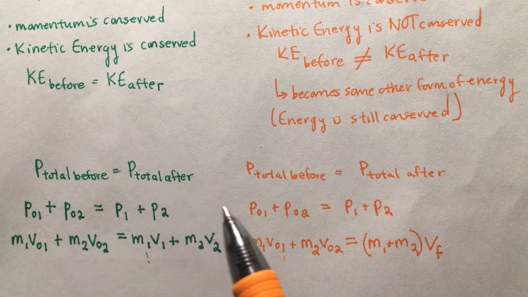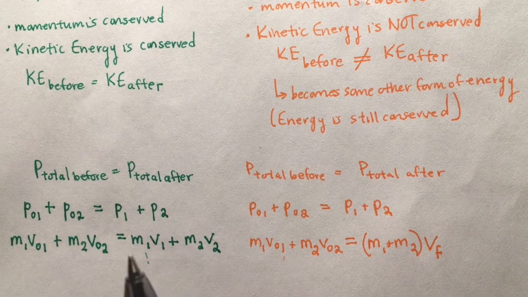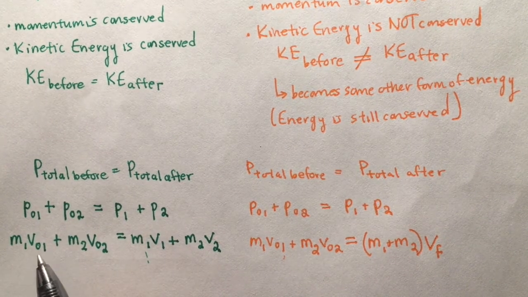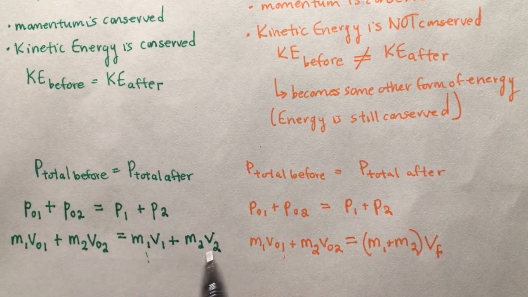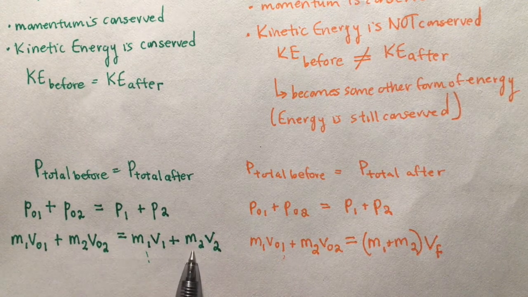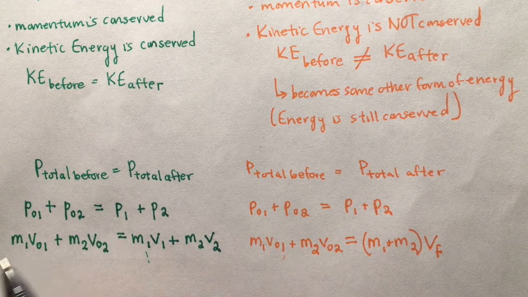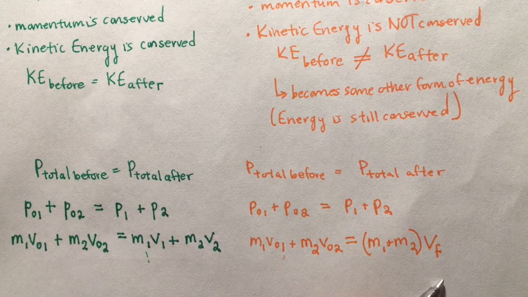The biggest tip I can give you when solving momentum and collision problems is to use your subscripts. Please, please write out all of these subscripts so that you can tell them apart. It's not an easy thing to do, to keep track of all of these different things, right?